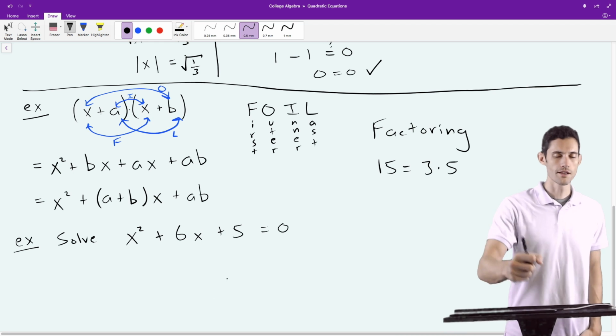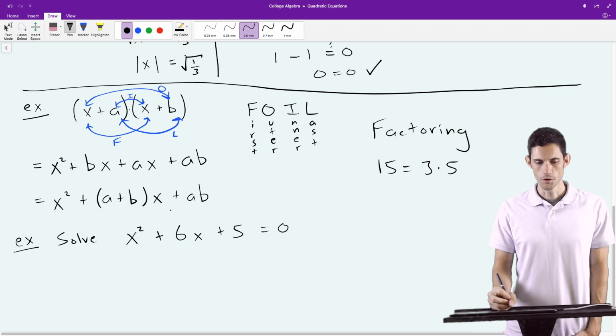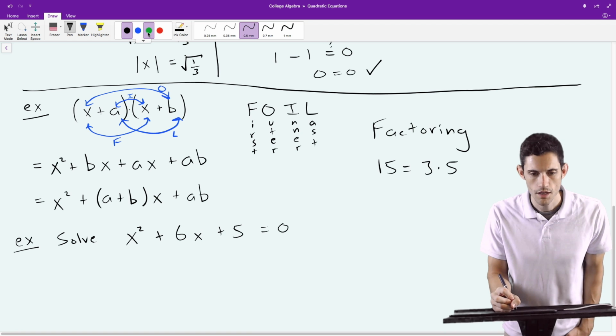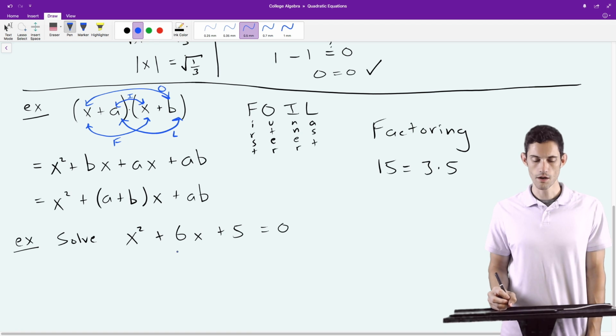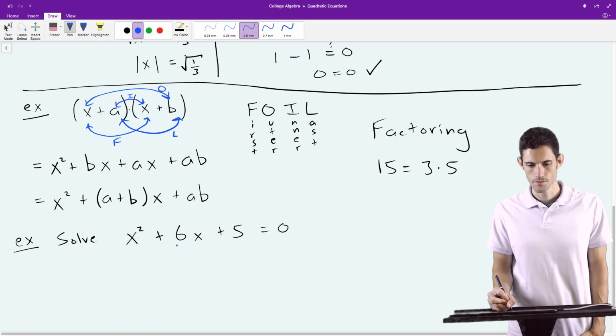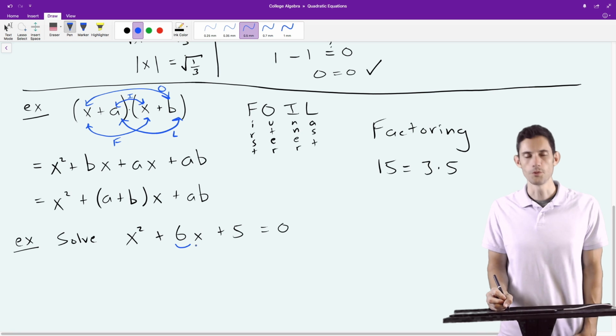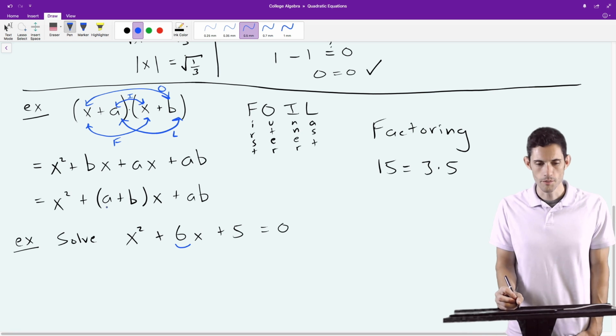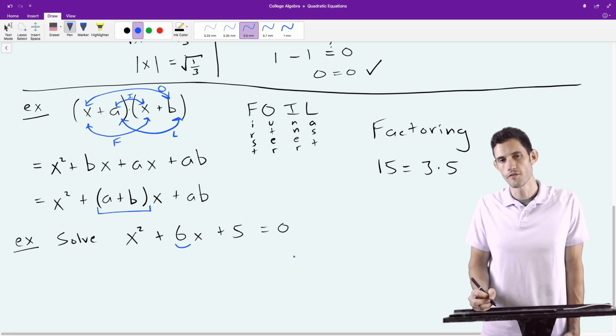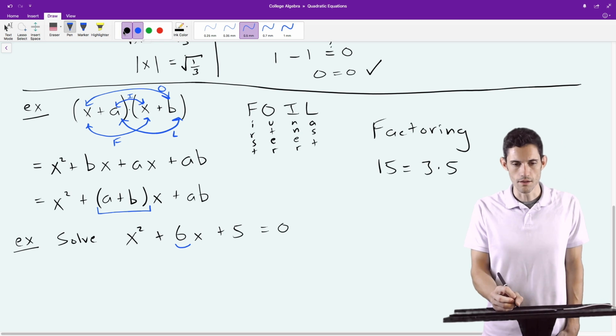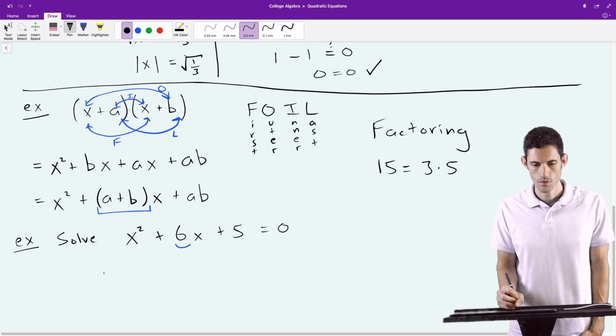So I'm going to do that exact same thing with this. I'm just going to have to play a little matching game here. I see a 6 that's multiplying the x, and up here in my little formula I know that that needs to be a plus b.